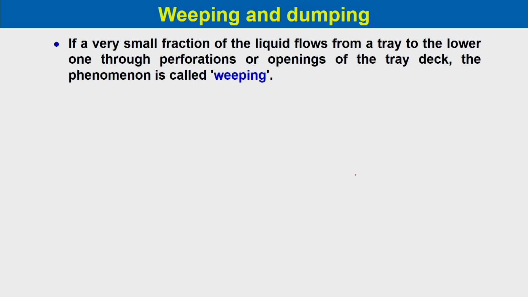The vapor or gas flow should be maintained in such a way that there should not be any liquid falling from the perforations of the tray, and only the perforations will help the vapor to go up. But if a small fraction of the liquid flows from a tray to the lower one through the perforations or the openings, the phenomenon is known as weeping.